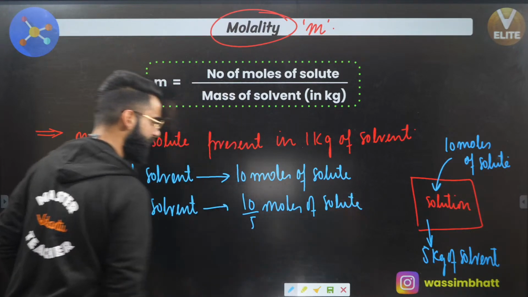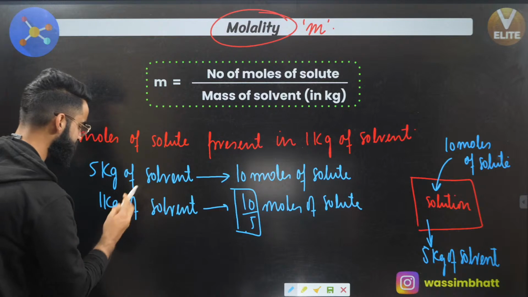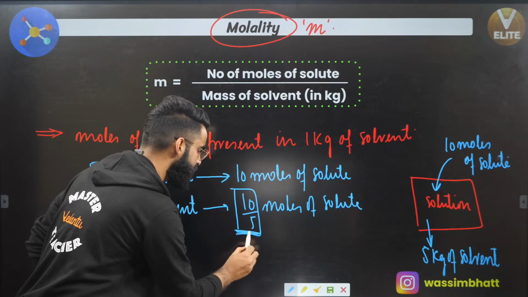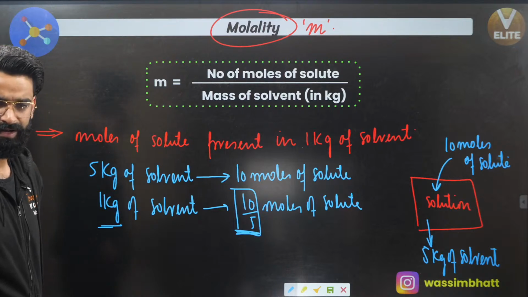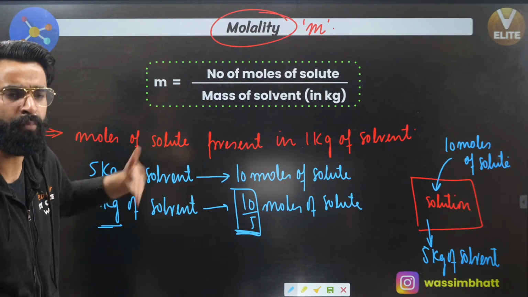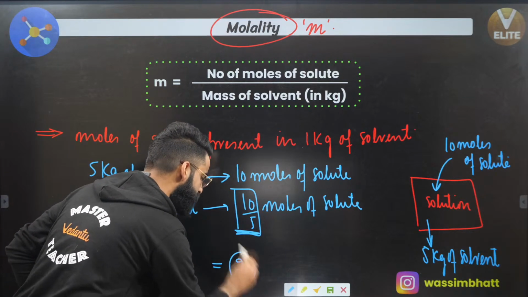So I got to know one important thing: these many moles of solute are present in 1 kg of solvent. And the number of moles of solute present in 1 kg of solvent defines the molality of the solution. So I got to know the molality of the solution is 2.